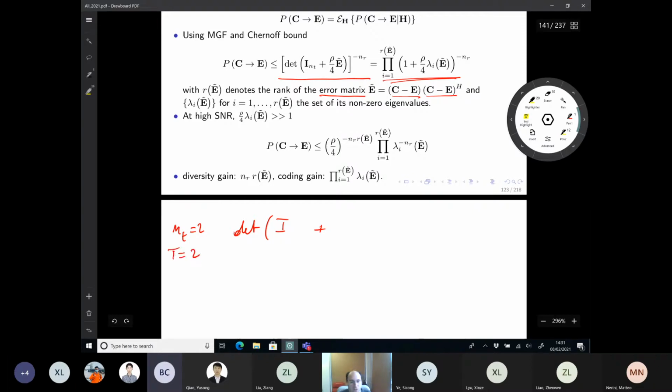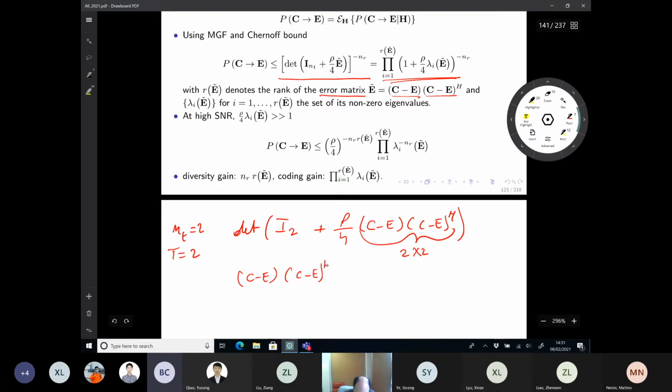So like this Alamouti example, or the 2 by 2 matrix we had before. So here I have I_2 plus rho over 4 of C minus E multiplied by C minus E Hermitian, right? So this is a 2 by 2 matrix.